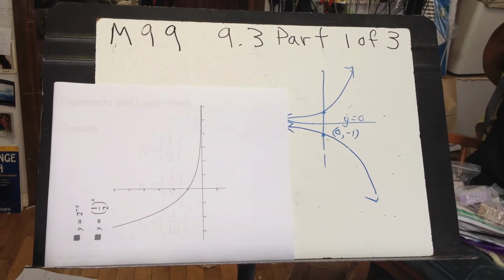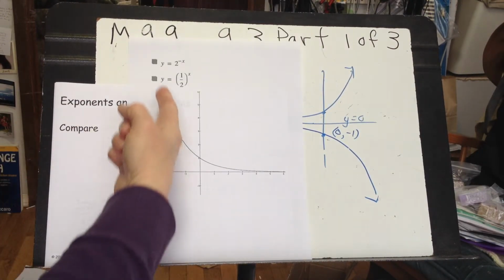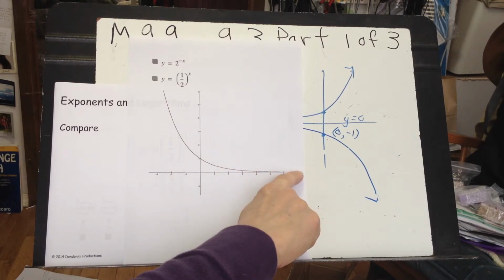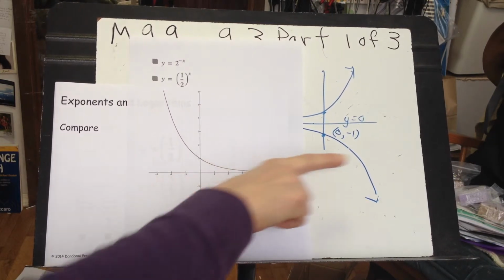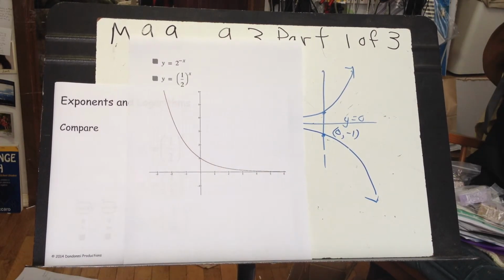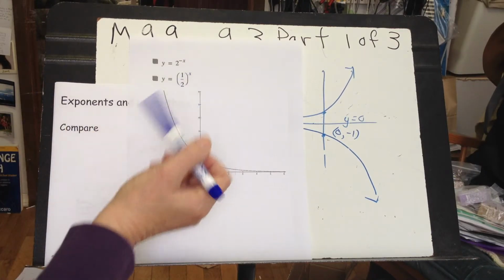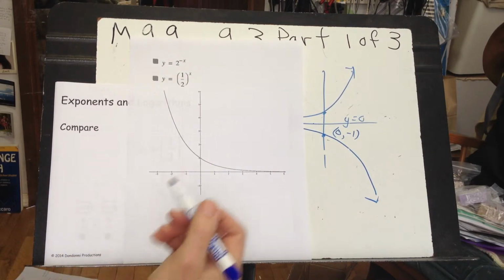And here is a picture of those two graphs. Now notice that they're both decay, they're both falling. They keep getting closer and closer to the x-axis as you go out towards positive infinity. But they both draw exactly the same picture. Well, why is that? It's dealing with that definition of a negative exponent again.